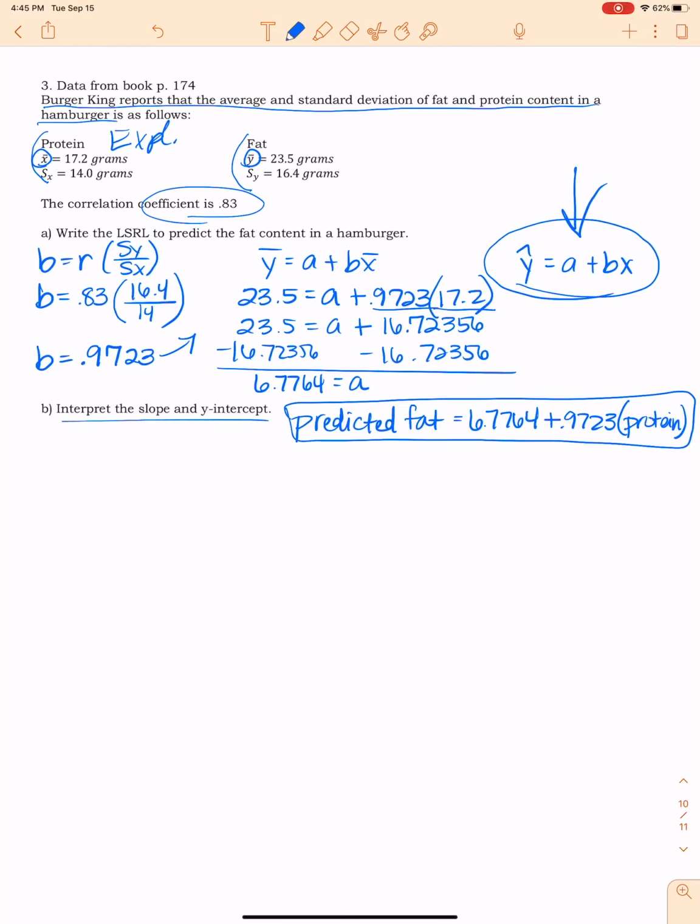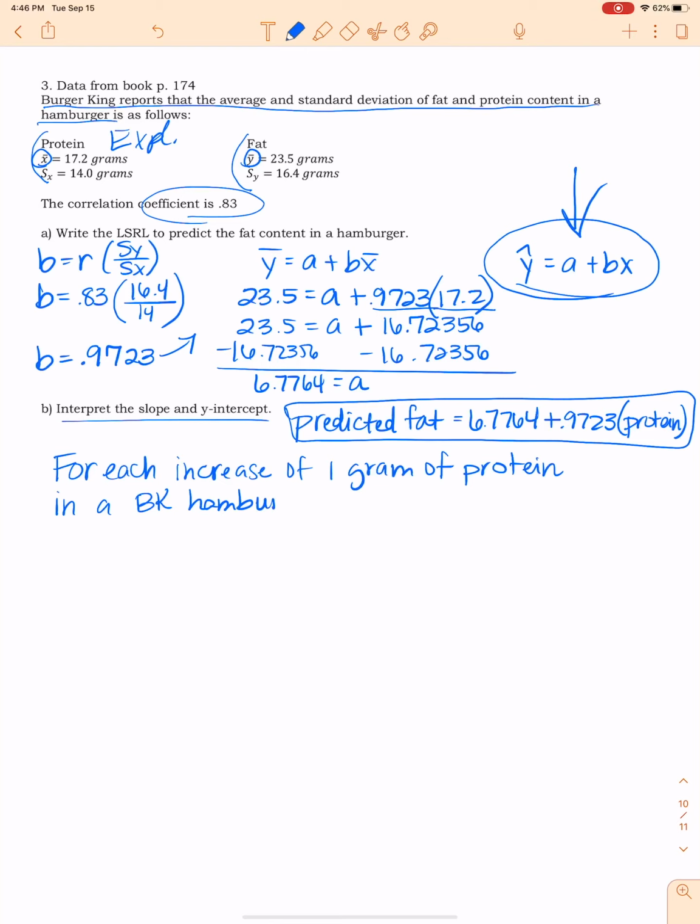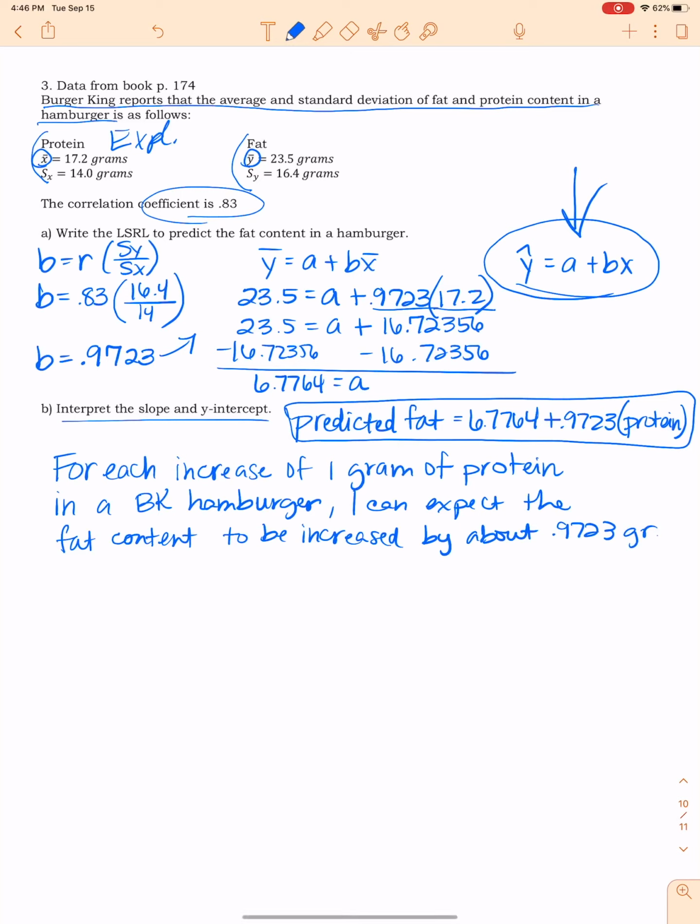All right, so now I'm going to interpret my slope and y-intercept. So I'm just going to say for each increase of 1 gram of protein in a Burger King hamburger, I can expect the fat content to be increased by about 0.9723 grams on average.